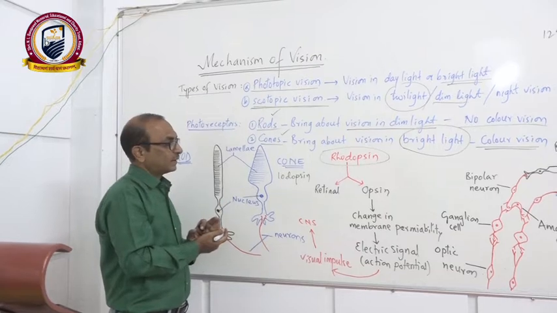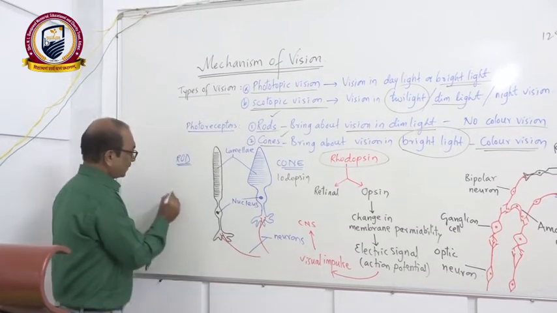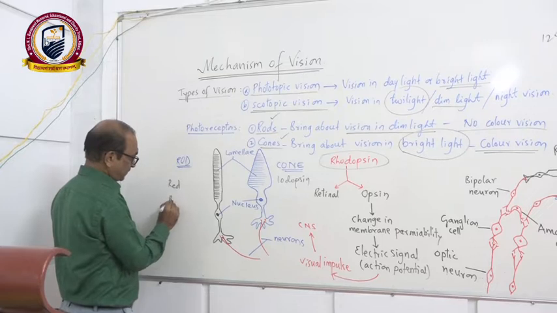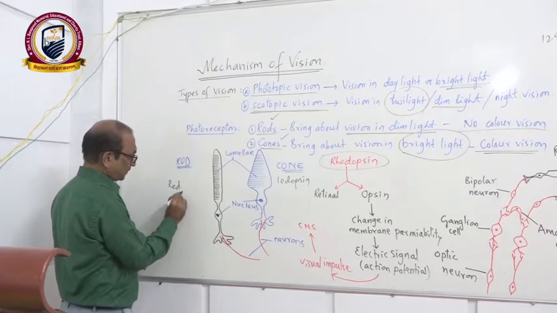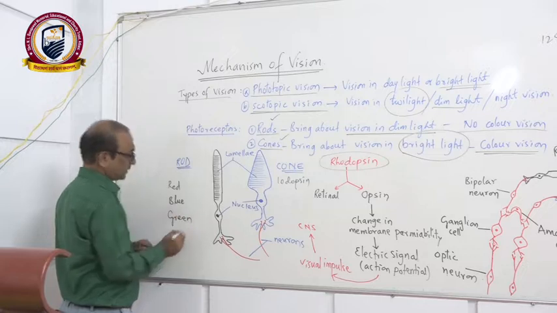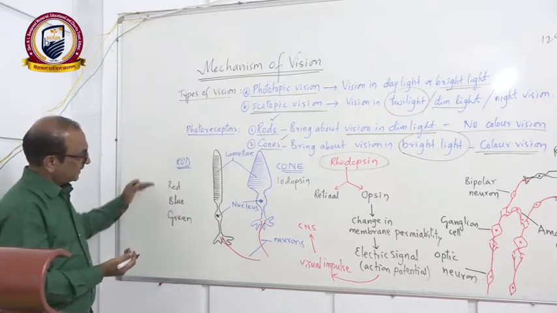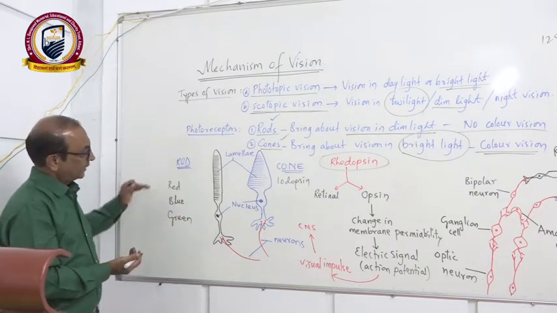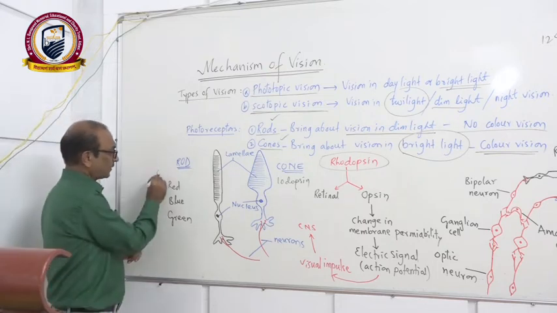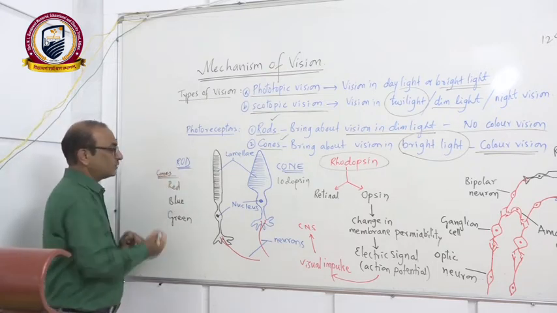What we see is that there are totally red, blue and green. These three different colors can be detected by three different types of cones.